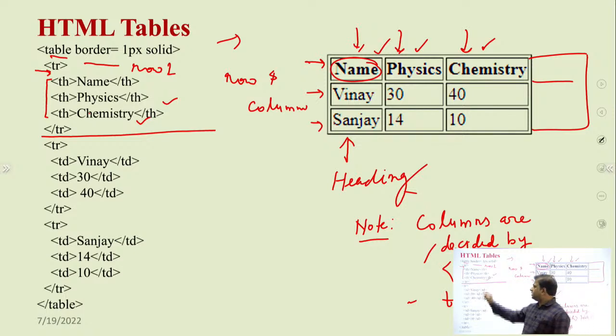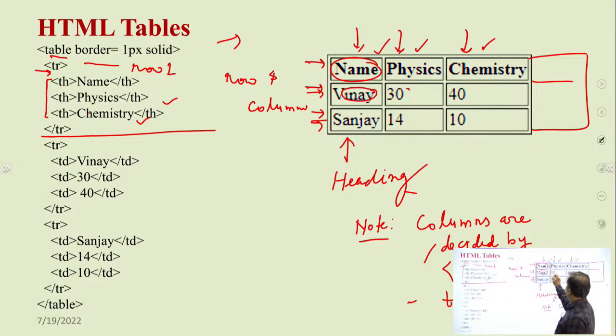So, once I have created the heading row, now I want to make the data for each row and each cell. These are all called cells, table cells.